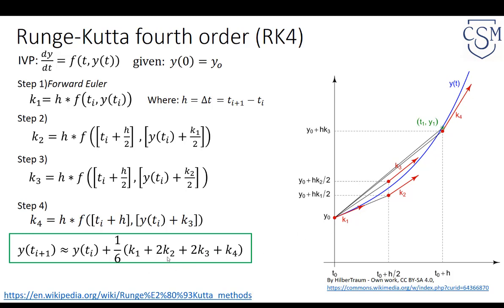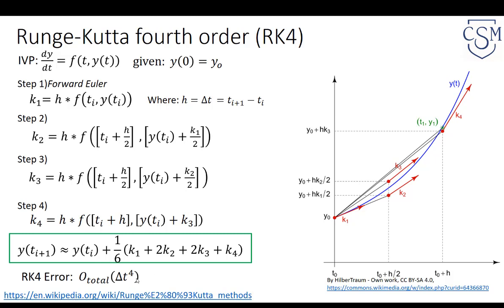We assign more weight, 2 times, to the evaluations at the half time step. Then we take the first forward Euler and the last one and average all of them, weighting the middle two more heavily, and that gives us an accurate prediction of this function at y of ti plus 1.